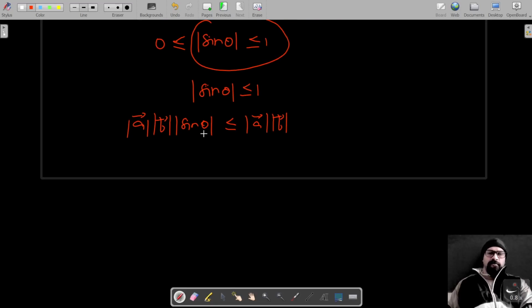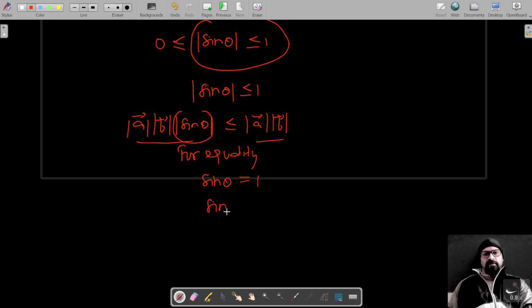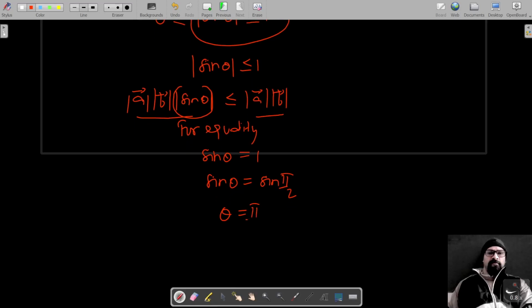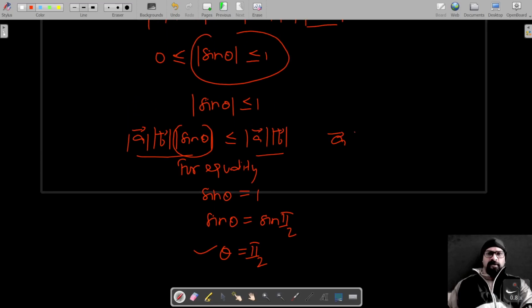Okay, so for this LHS to be equal to RHS, that is for equality, this sine theta should be equal to 1. And if sine theta is equal to 1, that means we can write sine pi by 2. That means theta is equal to pi by 2. And when theta is equal to pi by 2, that means A vector should be perpendicular to B vector.